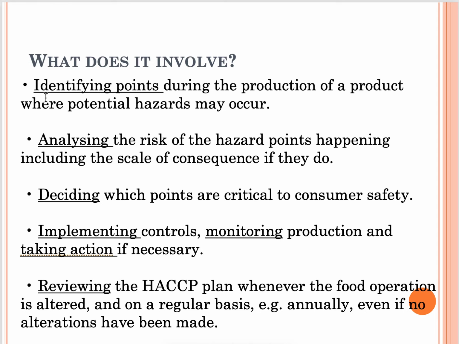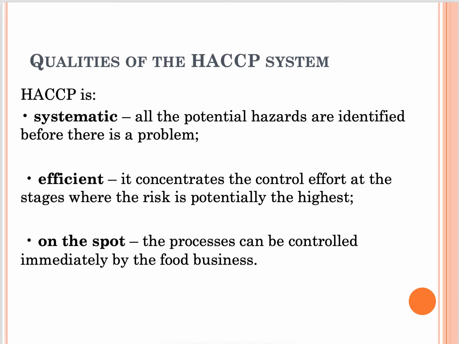As I said, we have two additional lectures, 13 and 14, and in those lectures we learn the details about these things. Anyway, the HACCP system that a company follows should have some qualities. What kind of qualities? It should be systemic, efficient, and on the spot. Systemic means all the potential hazards are identified before there is a problem.